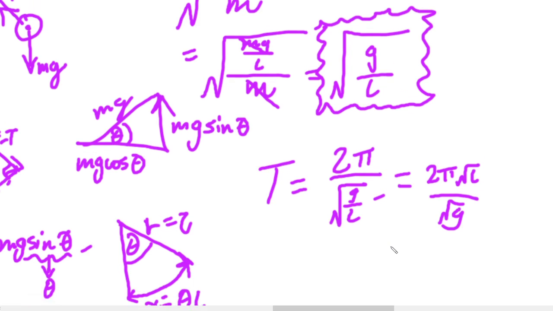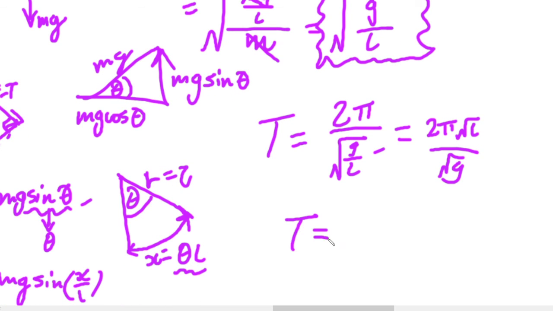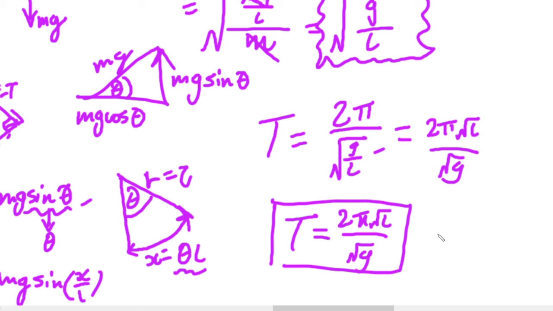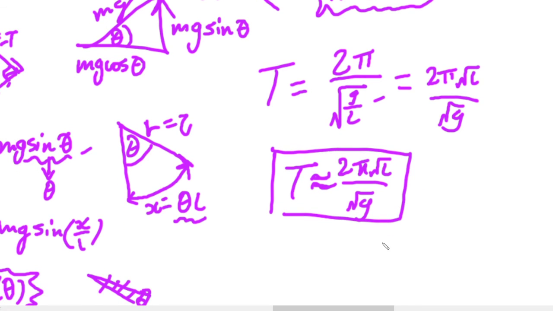Or rather, the period for a pendulum is approximately 2 pi root L over g, where this approximation gets better as the angle of the pendulum swing approaches 0.